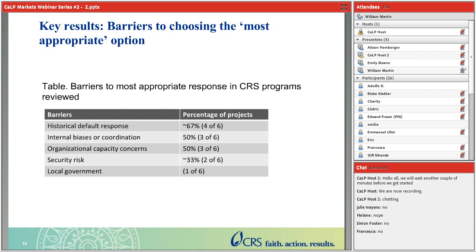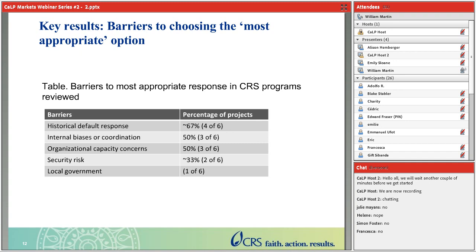So the barriers to choosing the most appropriate option: the most significant barrier, cited in 4 of these programs, was a tendency to default to historical precedent. That is, a modality that had been used much in the past and was most familiar to the actor, whether the country program or local government operating in this context. Then tied for second were individual personalities and organizational capacity, each accounting for 3 programs.